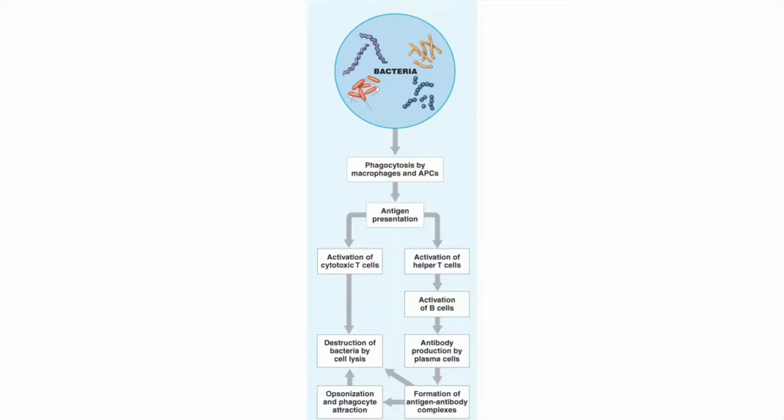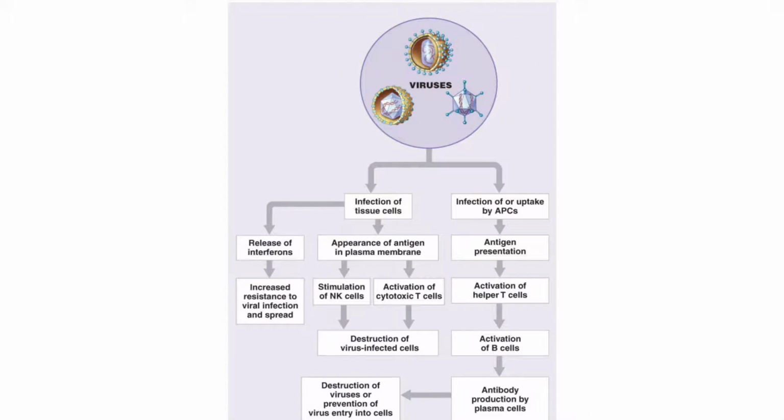Phagocytosis and antigen-presenting cells are the most effective defense against bacterial infections. With viral infections, cytotoxic T cells and natural killer cells can be activated by infected cells. So we need different mechanisms for different types of pathogens.